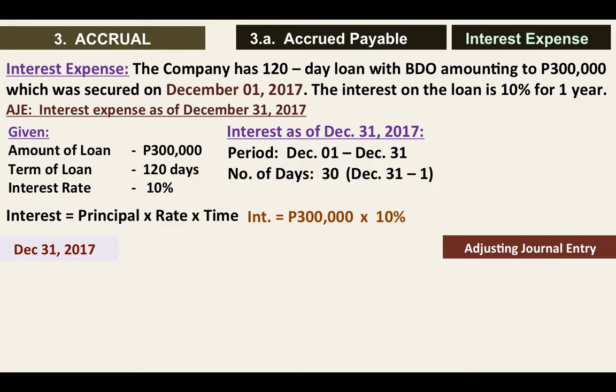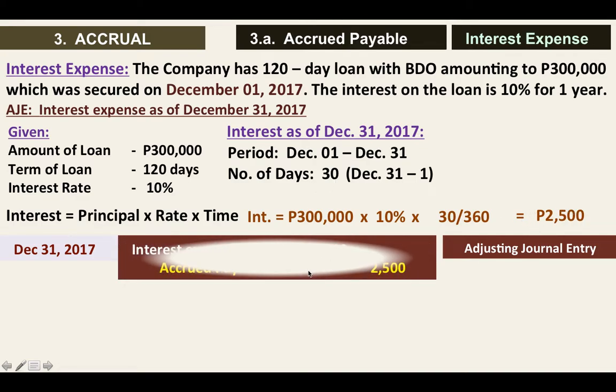In interest calculation, we are using 360 days, not 365, but 360 days. So the interest that we are going to compute is for 30 days over 360 days. So the interest will be equivalent to 2,500. So, ang ibig sabihin itong 2,500, ito ang interest for 30 days.